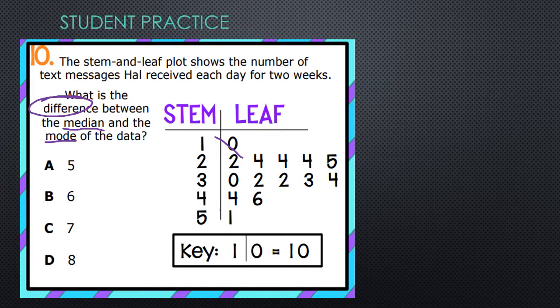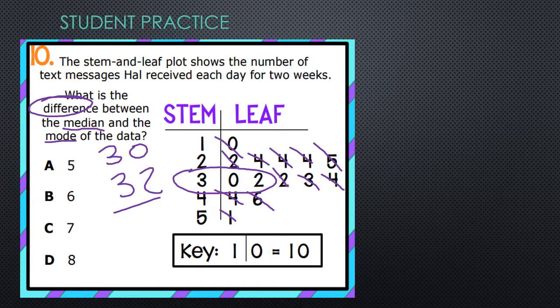So we mark first and last. 1, 2, 3, 4, 5 in the front, 1, 2, 3, 4, 5 in the back, and then 6 and 6. So we have 30 and 32.